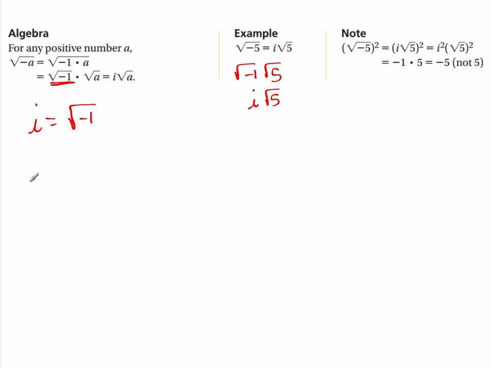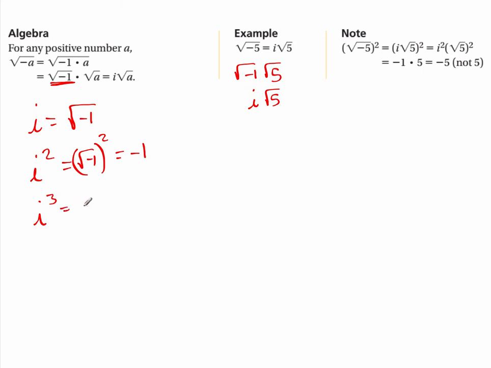Now, let's look at this. What happens when I square i? When I square i, that's the square root of negative 1 squared. So the square and the square root are inverses, and so I'm just left with negative 1. What is i cubed?